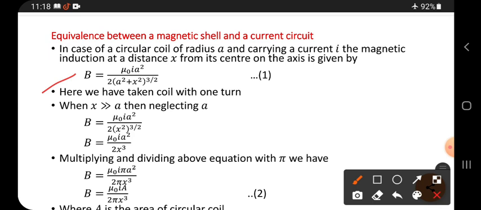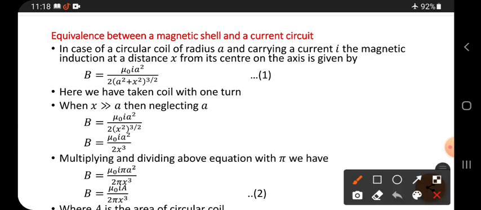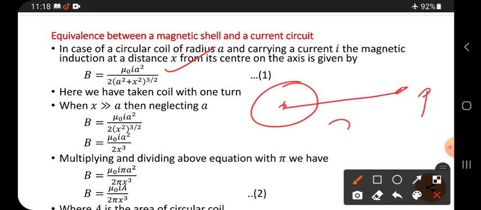Here we have taken a coil with 1 turn only. If it is n turns, then simply we keep n here. For 1 turn, no need to substitute 1, so this is the equation. Let the point be P, and the distance from the center to here is x.